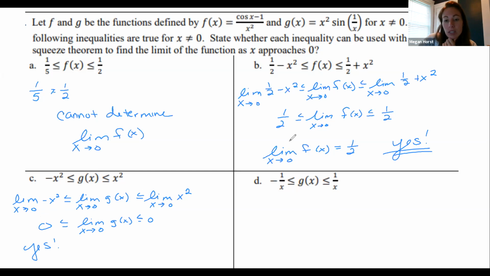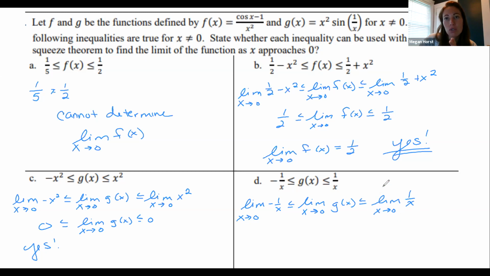Our last one, notice that I have the limit as x goes to 0 of negative 1 over x. I have the limit as x goes to 0 of g of x. And lastly, I have the limit as x goes to 0 of 1 over x. So I want you to picture for a minute what the function 1 over x looks like.